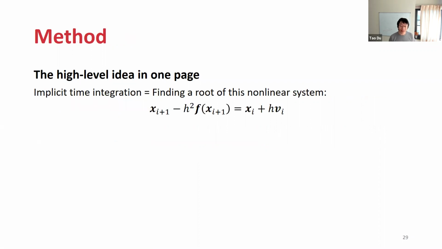And the high level idea inside this differentiable simulation is as follows. First, we started from understanding the forward simulation process for simulating a soft robot. Here we choose to start with implicit time integration due to its numerical robustness. Simulating such a robot with implicit time integration is essentially trying to find a root of the following nonlinear system.